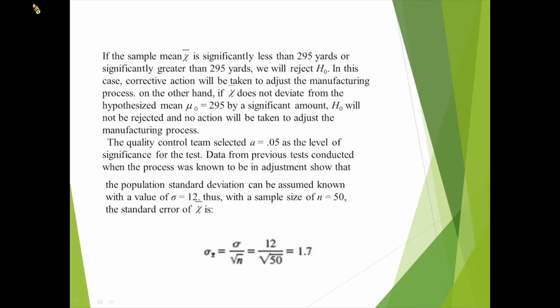Okay, so the question is, if the sample mean is significantly less than 295 or greater than 295, we reject H0. Because H0 says the mean is equal to 295.